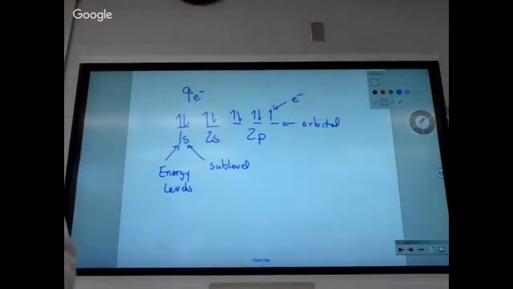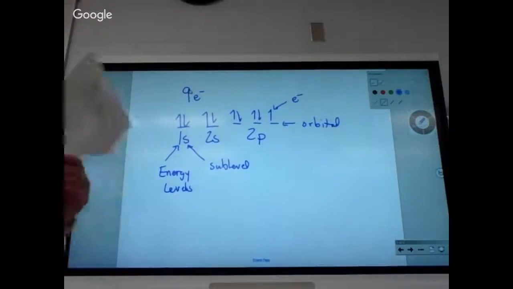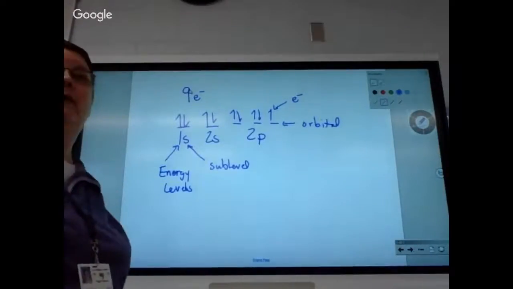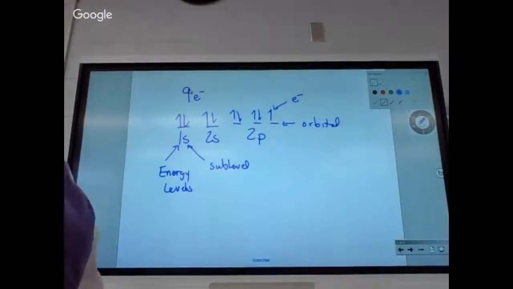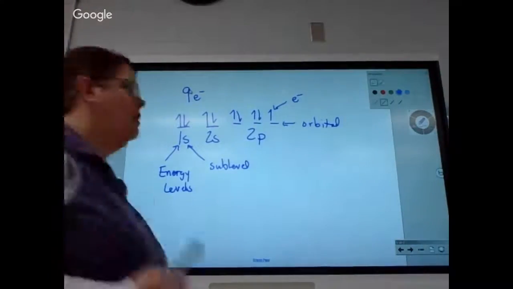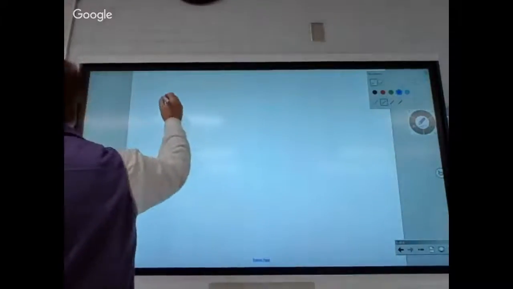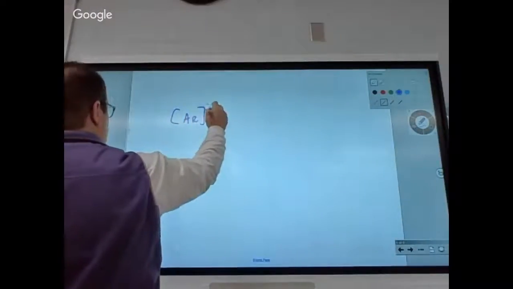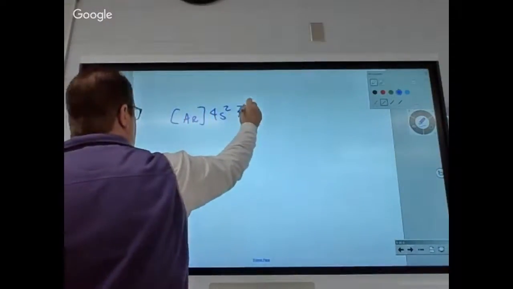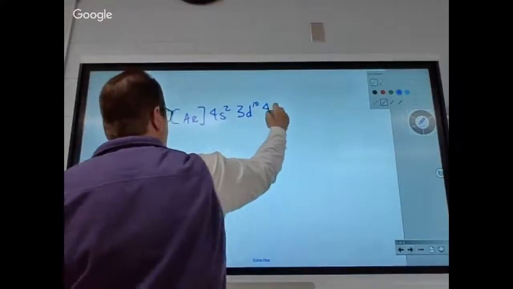All right. The number of unpaired electrons in arsenic. What'd y'all get? 3 is right. And since this one has 33 electrons, this would really be one that I would want to do in shorthand, because you would not want to draw 33 electrons out on the test. So if you were doing this one, Ar 4s2, 3d10, 4p3.